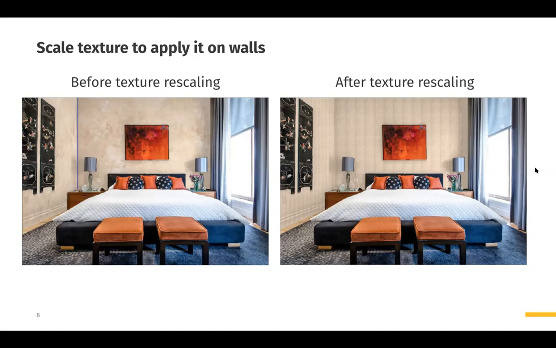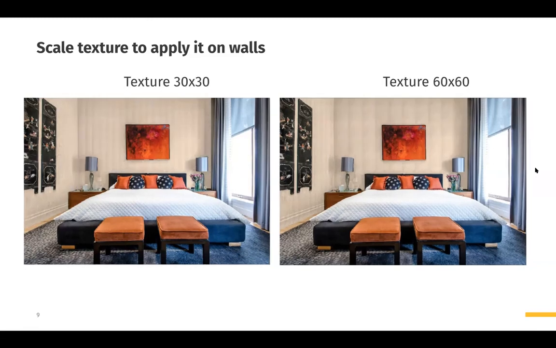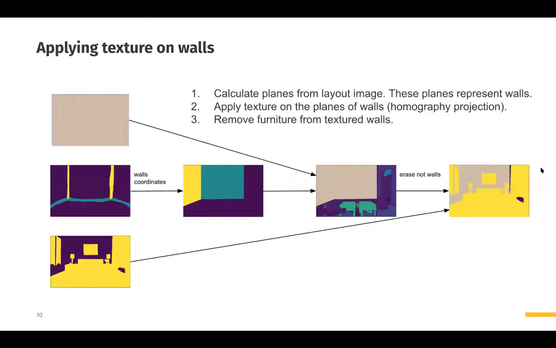Thank you, Max. In order to present to a user our texture as tiles, we have to rescale it. And this allowed us to give a choice to a user to pick different sizes of a texture and of the tiles. At this step, we have a resized texture.